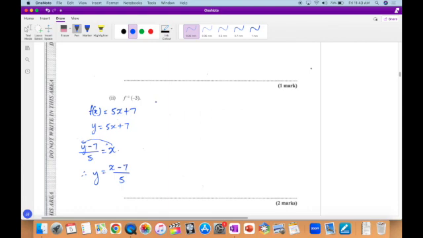And now this is the f inverse of x: x minus 7 over 5. So the f inverse of minus 3 will be minus 3 minus 7 all over 5, which is minus 10 all over 5, which will be negative 2.